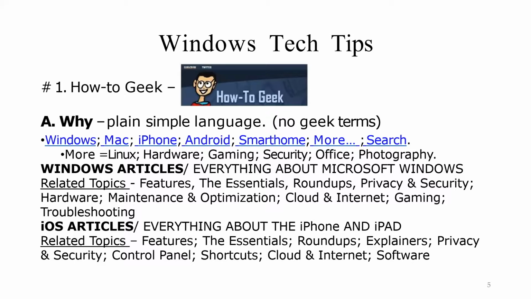They cover a wide variety of subjects, as you can see. They cover Windows articles, they cover iOS articles, they have features, they have shortcuts, they have all sorts of things that you can get into. And so let's get into some of the How to Geek web pages.